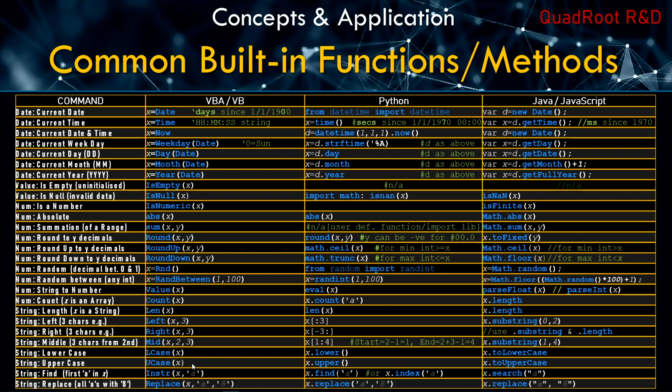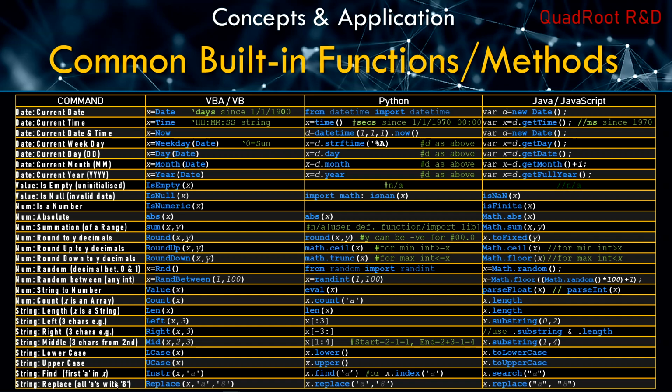in your program. If you want to find a particular character, you can use find. You can find the first A in a variable x using the InStr command in VBA, or x.find in Python, or x.index, or in JavaScript, x.search.